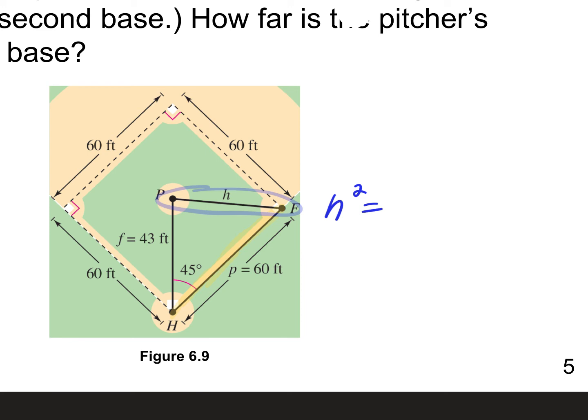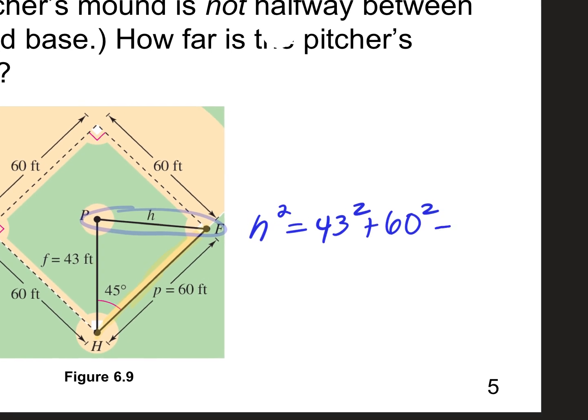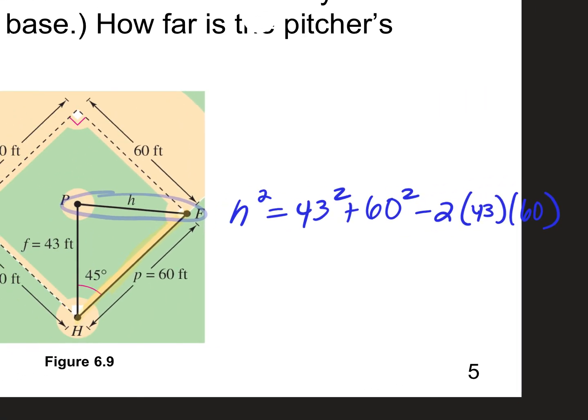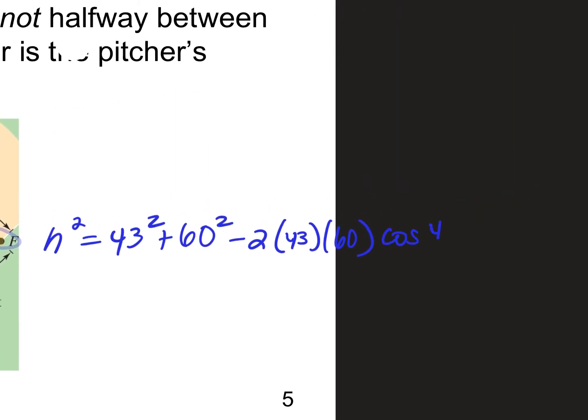Tell me what to write down. 43 squared plus 60 squared, good. Minus 2 times... Is it sine or cosine? Cosine of 45.